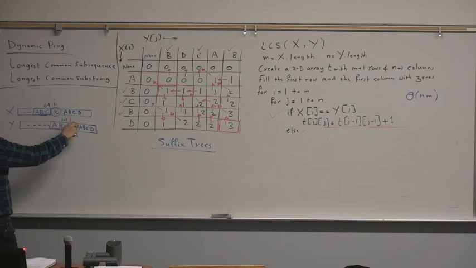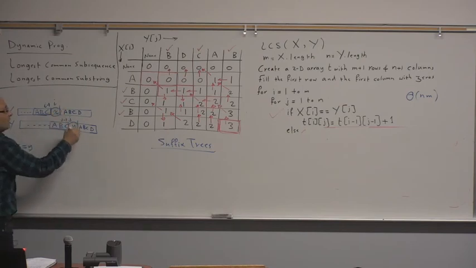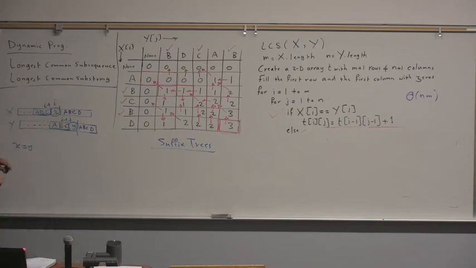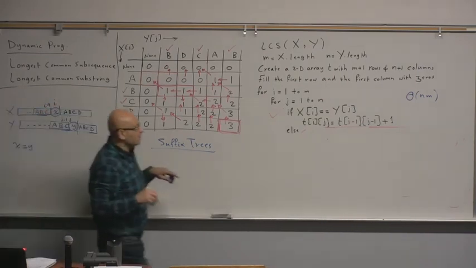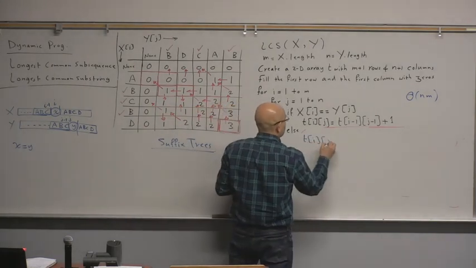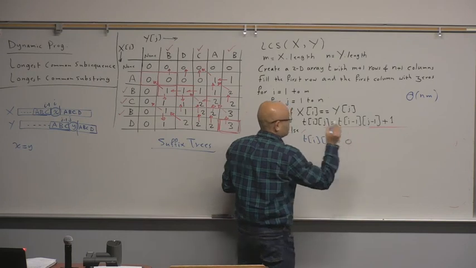But at I and J, there is no common substring, in fact. So I have to start over and look again for similarities. So if they're not equal, then T of I, J equals 0.